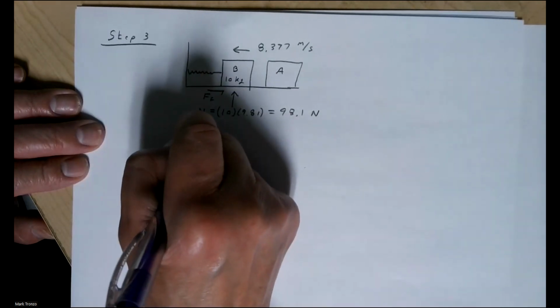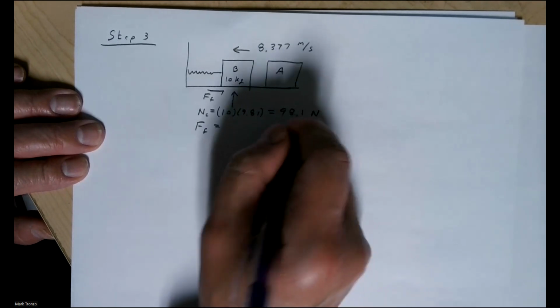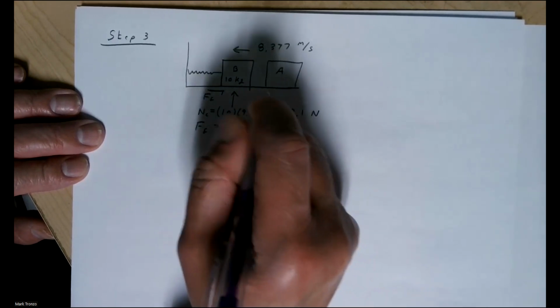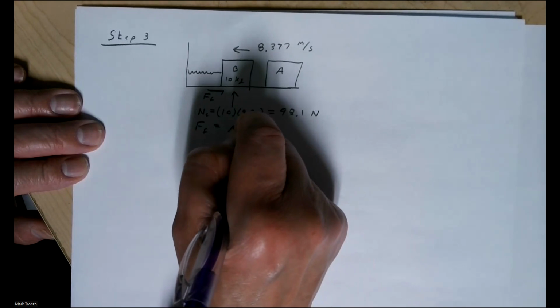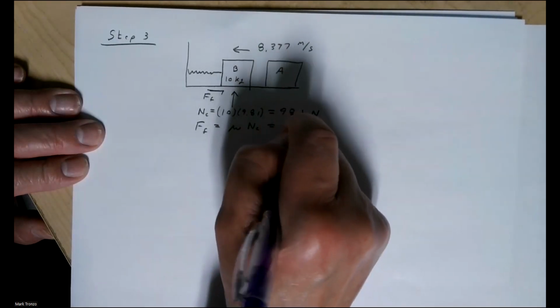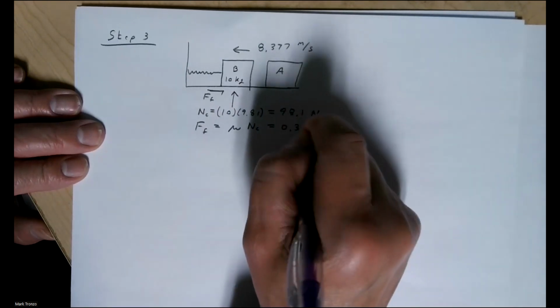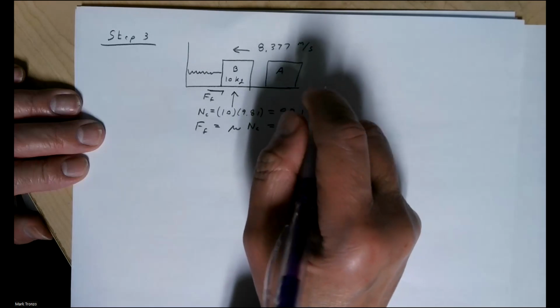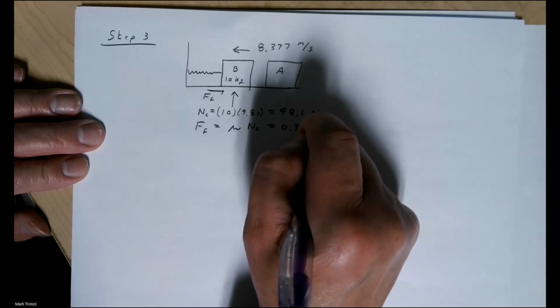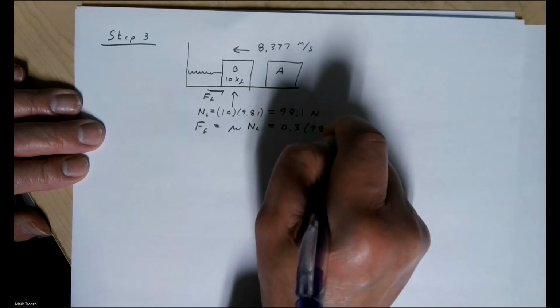Again, the friction force is going to be, as always, mu times the normal, which is going to be 0.3 times the 98.1.